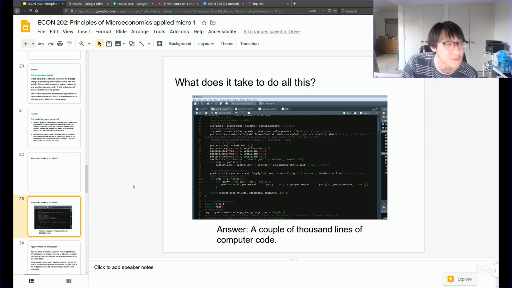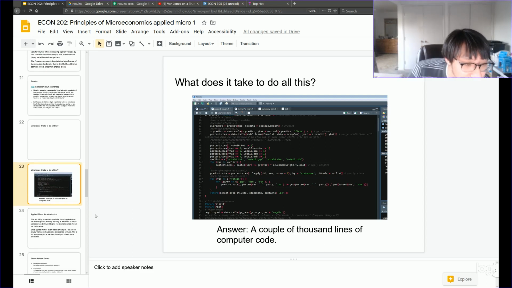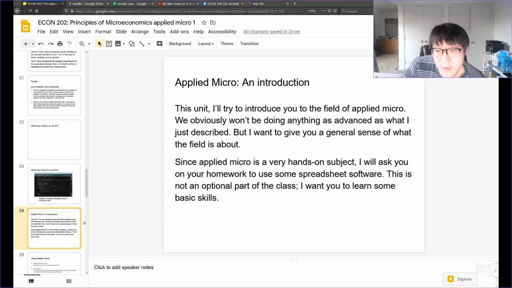You may have heard of some of these: SPSS, Stata, MATLAB, even Python. People are doing a lot of data science in Python these days. Okay, so part of learning how to do data science is learning how to use this type of software.